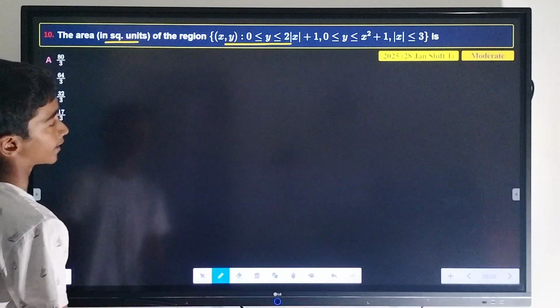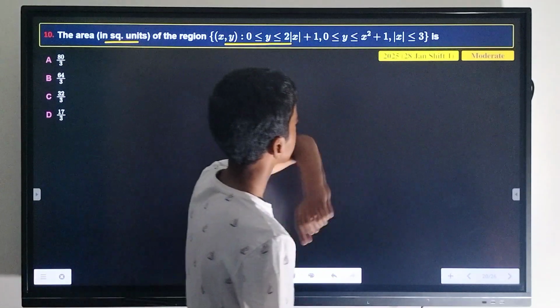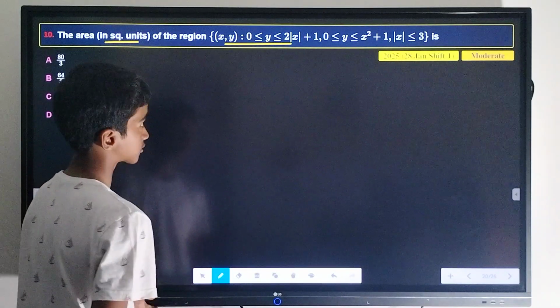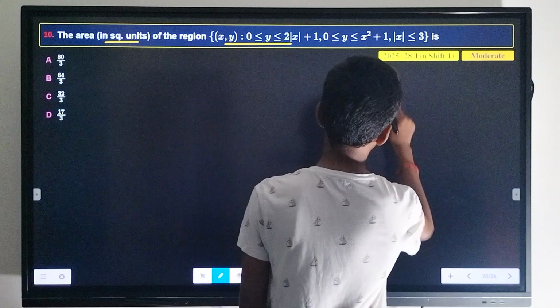So we need to find the area of the region between these three curves. So first of all, let's plot these three curves.